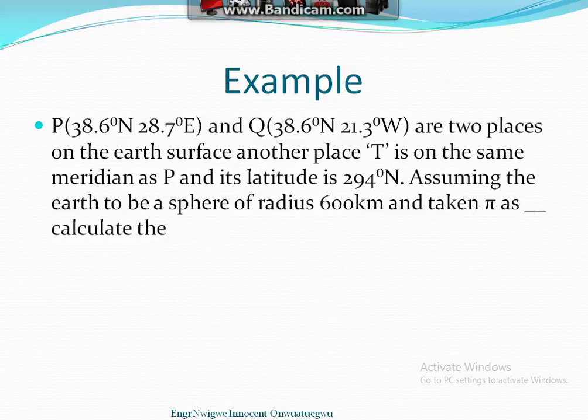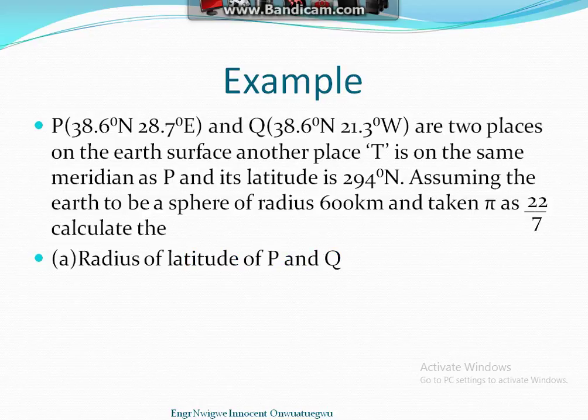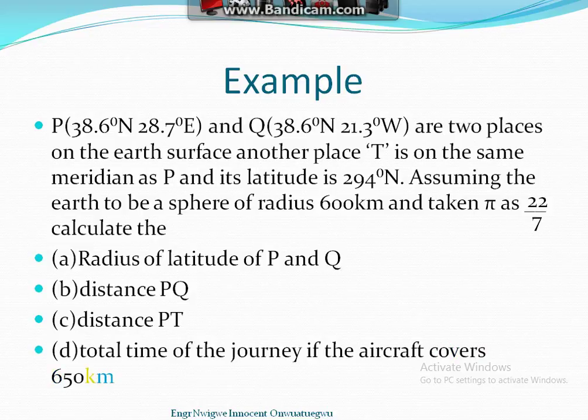Assuming the Earth is a sphere of radius 6,400 kilometers and taking pi as 22/7, calculate A, the radius of latitude of P and Q; B, the distance PQ; C, the distance PT; D, the total time of the journey if the aircraft covers 650 km per hour.